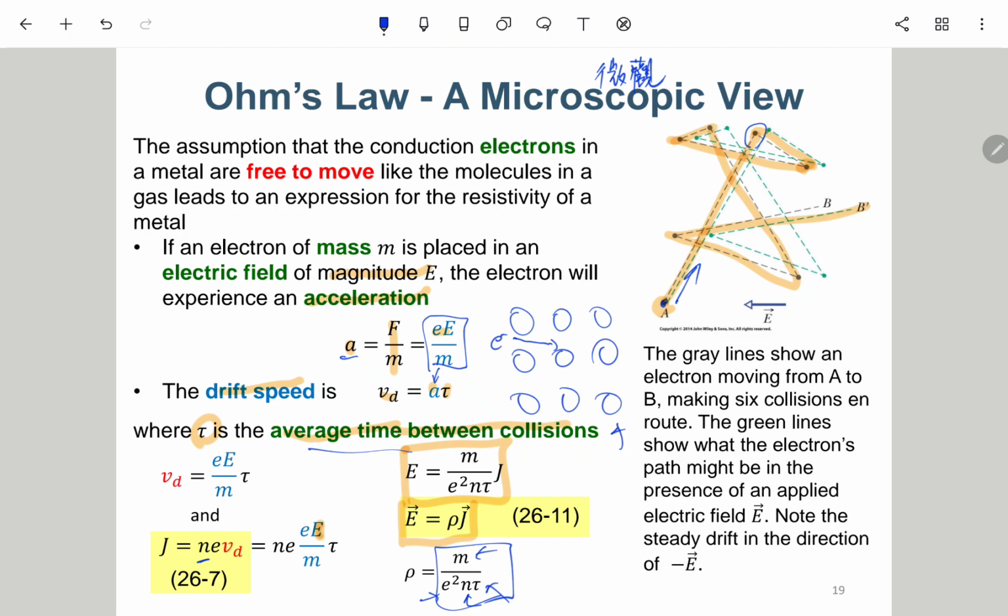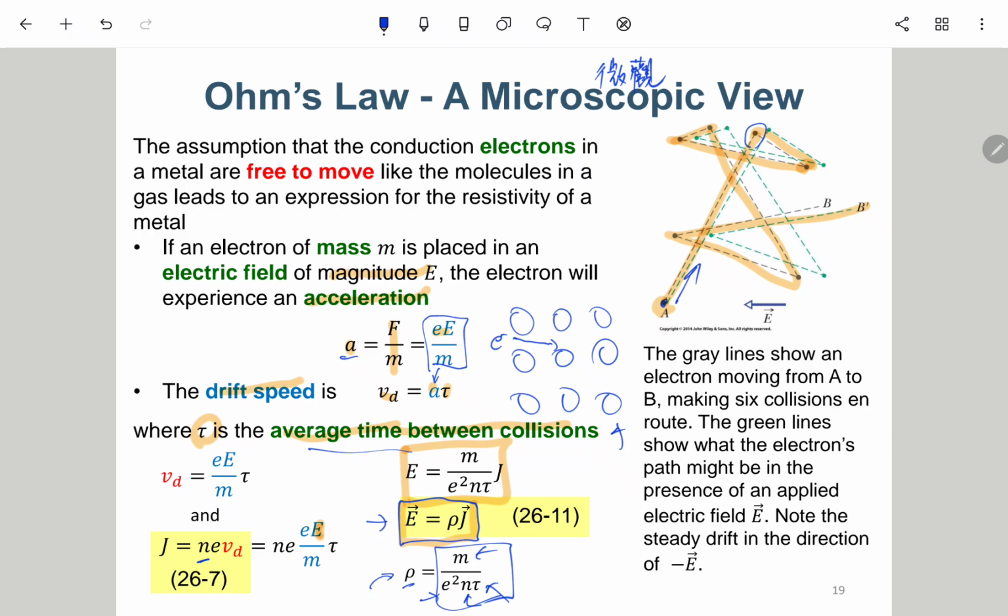To make this reasonable, this is the so-called vector form of Ohm's law.